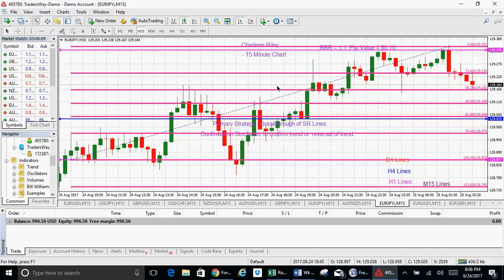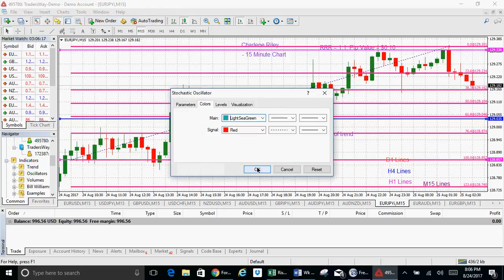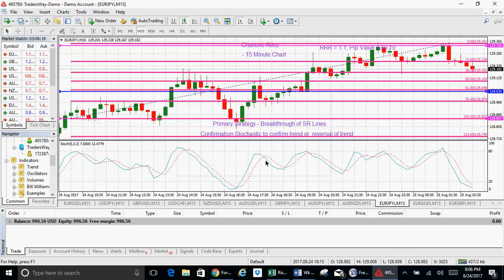Okay, so for my trade setup, I'm going to be looking for a break. Let me put in my stochastic. So for my trade setup, I'm looking for a break below this 129.162 to enter into a sell, or a break above the 129.234 to enter into a buy.